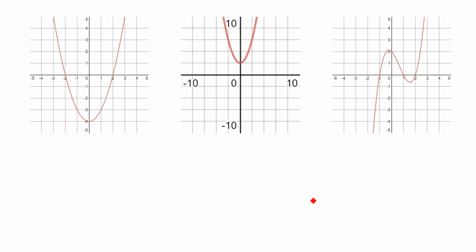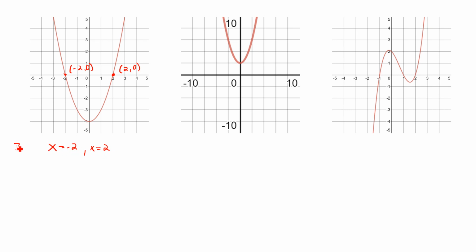So your x-intercepts lie wherever your zeros are. Right here, the points (2, 0) and (-2, 0), those are your x-intercepts. But the solutions for this equation or this function are x equals -2 and x equals 2.